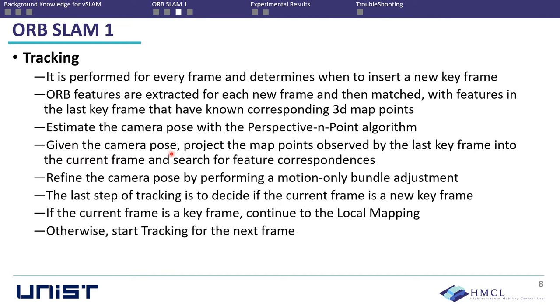Given the camera pose, project the map points observed by the last keyframe into the current frame and search for feature correspondences. And then we can refine the camera pose again by performing a motion-only bundle adjustment. Lastly, we can decide if the current frame is a new keyframe or not.